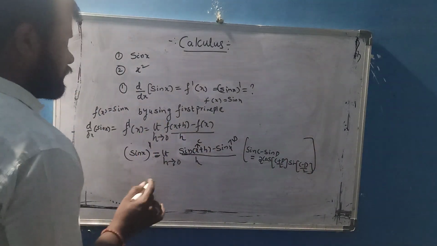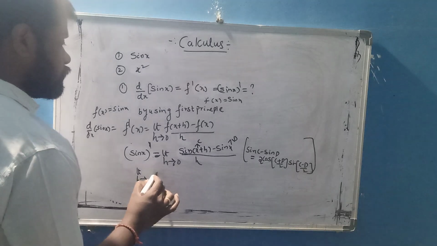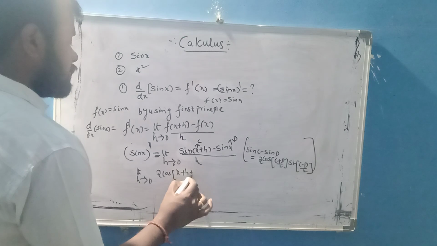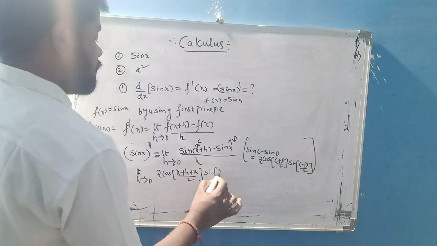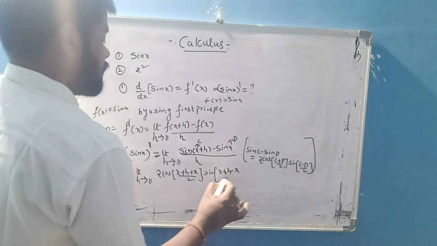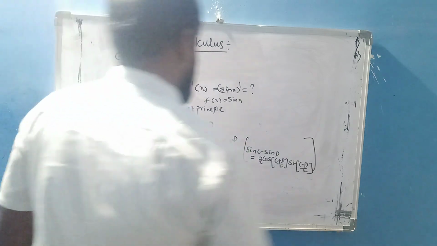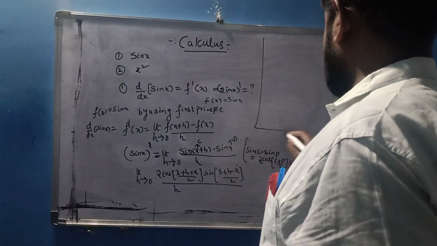Apply this formula here. Limit h tends to 0, 2 cos((c plus d)/2) means (x plus h plus x)/2, sin((c minus d)/2) means (x plus h minus x)/2, by h. After that, here plus x and minus x cancel. After that, please listen.